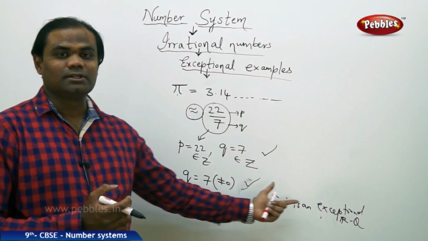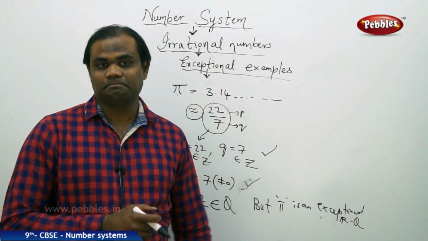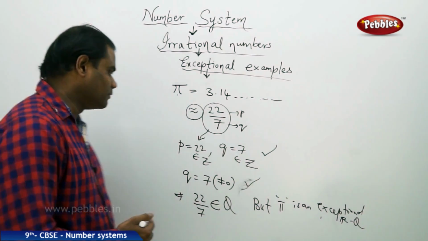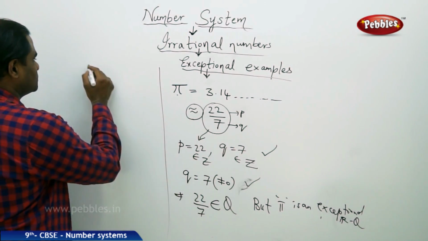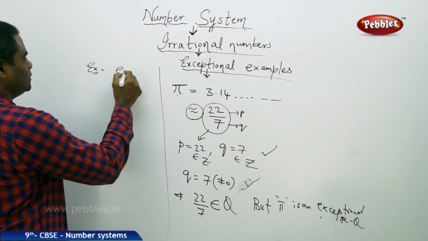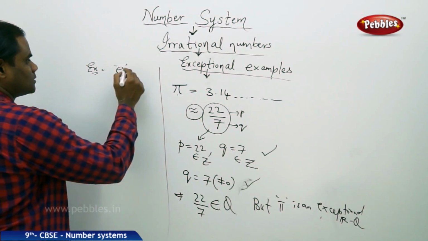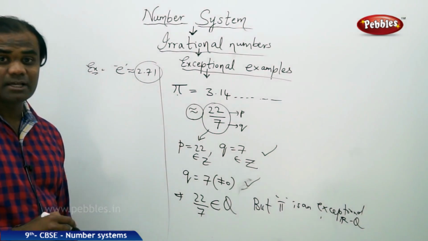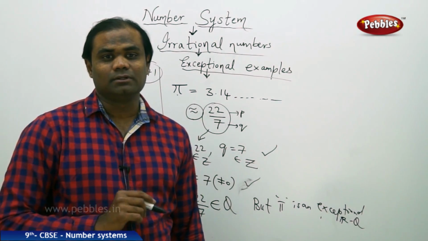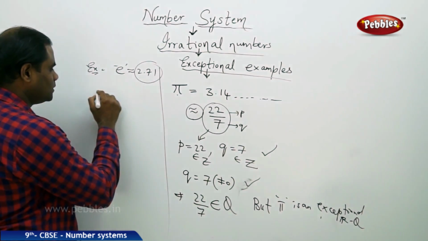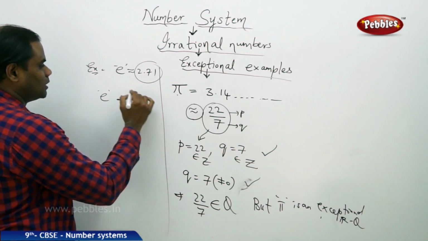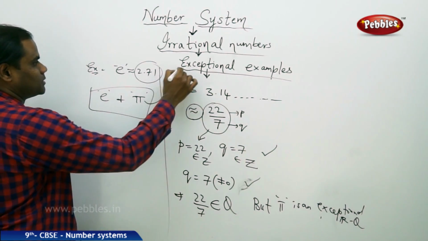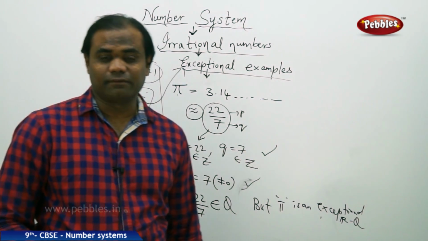So it's an exceptional irrational number, pi. There's one more example which we can take, which is e. e is approximately 2.71, which is also an exceptional irrational number. So in the branch of mathematics, e and pi are exceptional irrational numbers, is how we identify them.